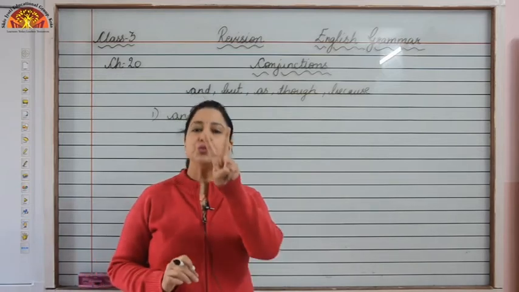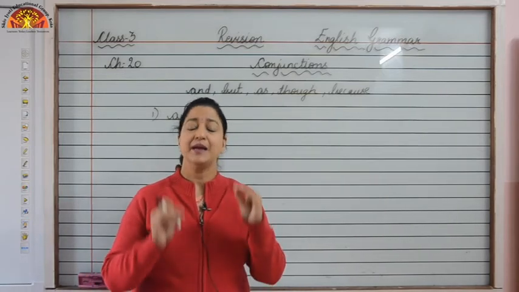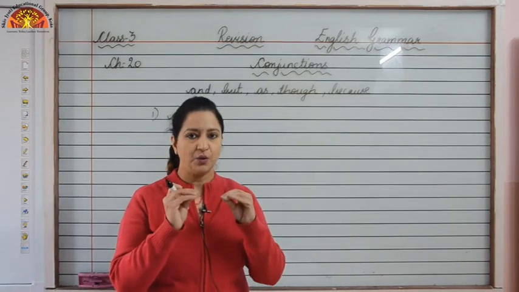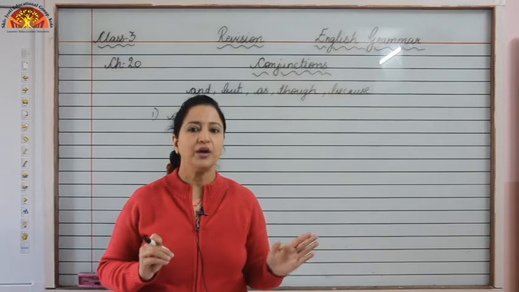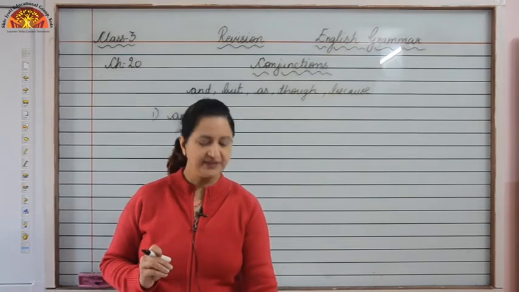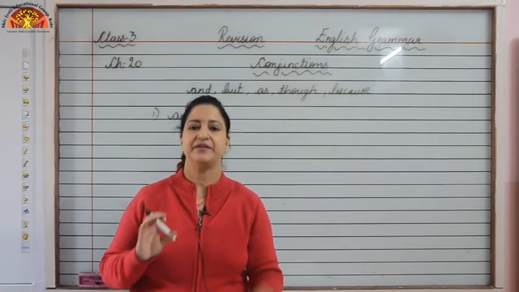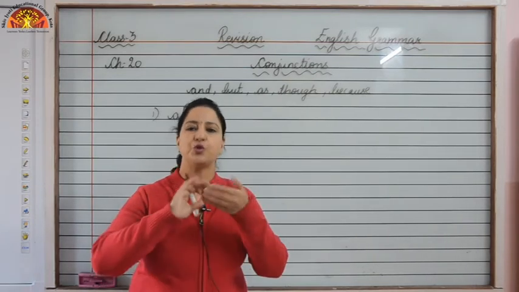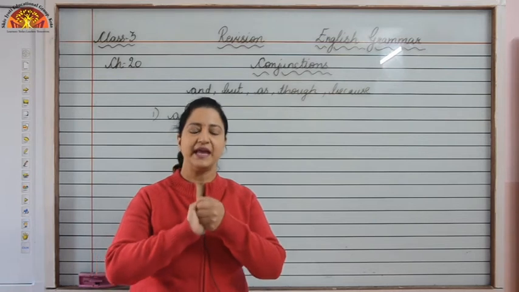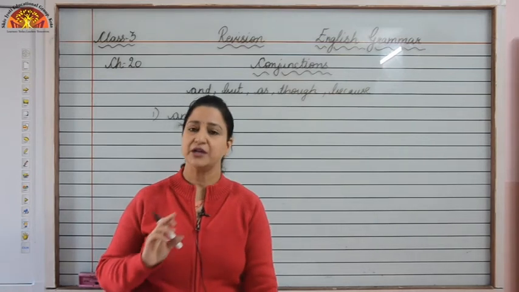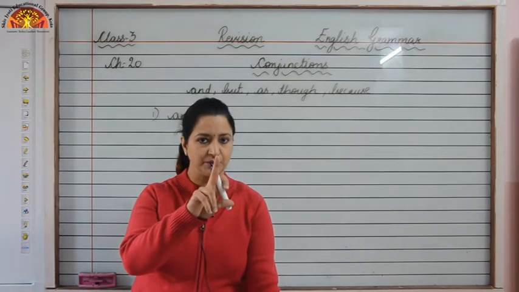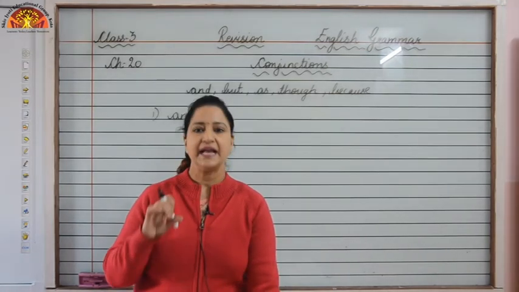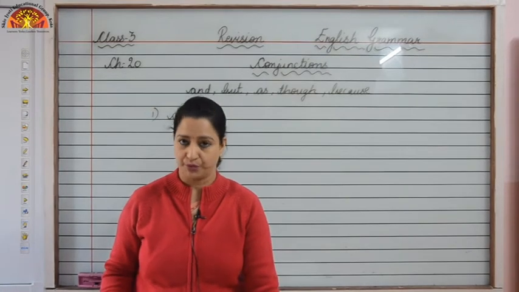Here two sentences are given, but these two sentences are similar to each other. Only two words, book and notebook, these two nouns are different, the rest of the sentence is the same. So when we want to join two sentences, we use and, because here we are talking about one person only. So it will be like: Anne has a book and a notebook.